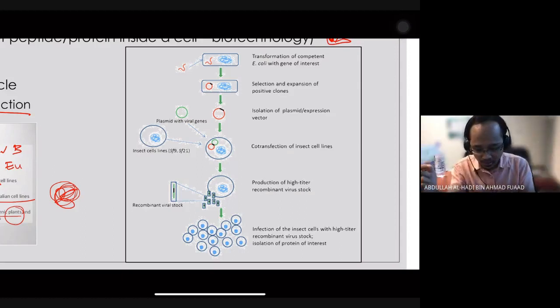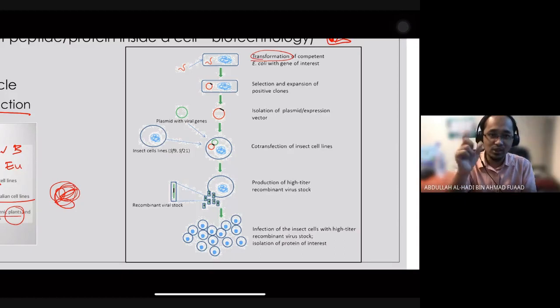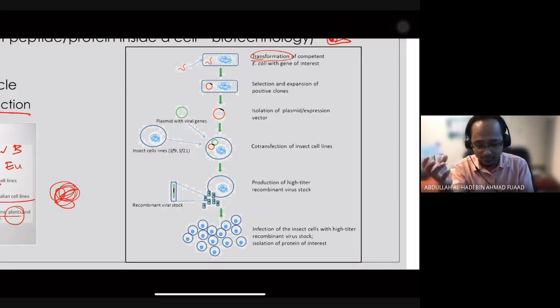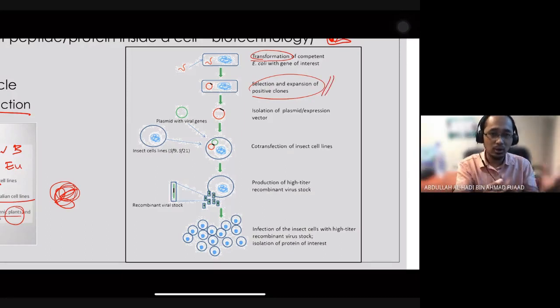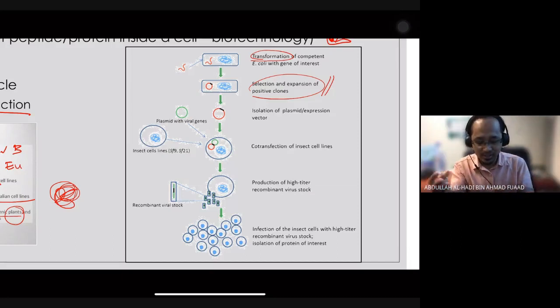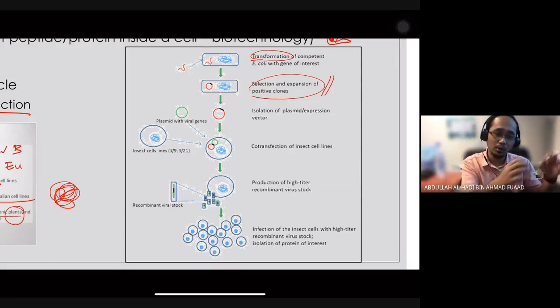All right, so basically that is the general technology for all types of biosynthetic processes for proteins and peptides. They are more or less the same. The path is, of course, you need to transform, meaning that you have a gene of interest, a DNA of interest or mRNA of interest, and you put it into an organism. In this case, the example is a bacteria. But if you are talking about plant biosynthesis, then the organism of interest is the plant itself. So you either put it in bacteria or in a plant.